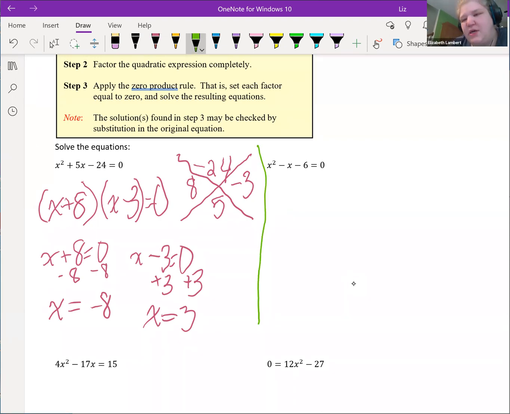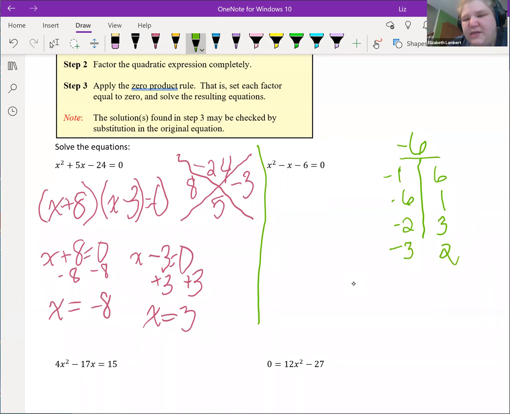All right, same song, second verse, but this is the favorite and yet ugly. Everything that multiplies to negative 6, but only one of them will add to negative 1. So could be 1 and 6, 6 and 1, 2 and 3, 3 and 2.